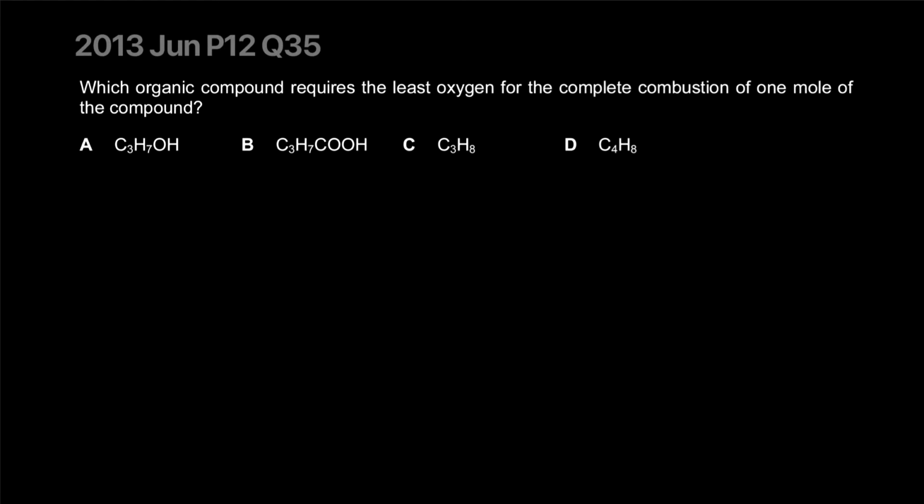So you have A with C3H7OH reacting with some bit of oxygen to form carbon dioxide and water. And you have 3 carbons, this will never change, and you have 8 hydrogens.